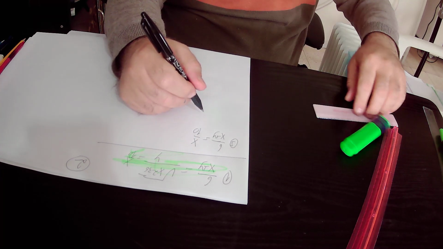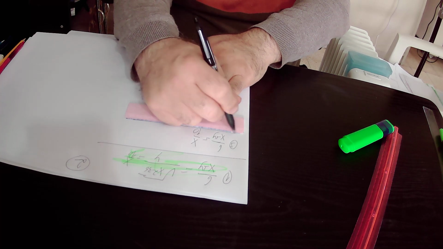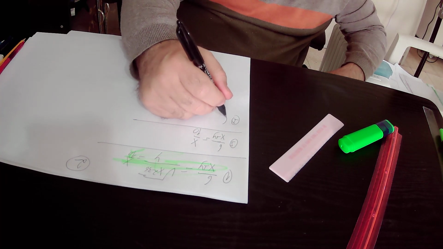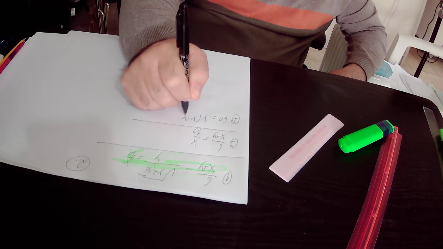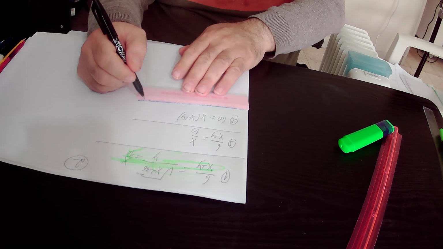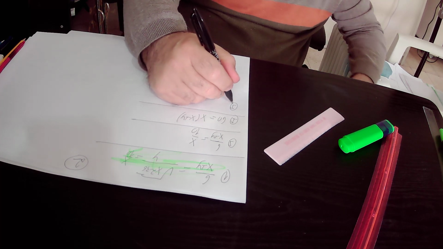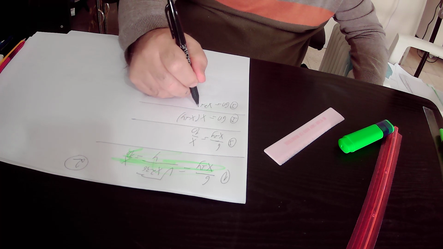Here we cross multiply, and we get 6 times 10 is 60, and it is equal to x times x plus y. We open the brackets, and we get 60 equals x squared plus xy.